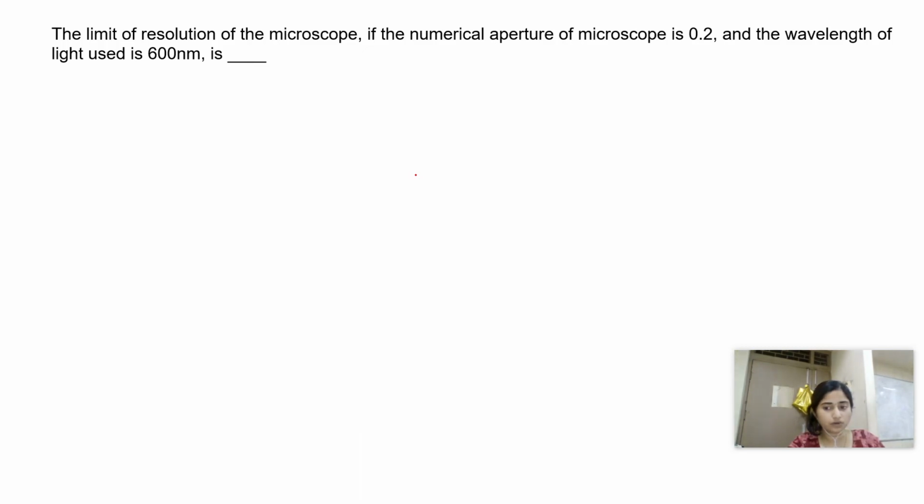Or 0.61 lambda by mu sin theta. So numerical aperture is given, that is mu sin theta, right? Yes. So 600 divided by 2 into 0.2.